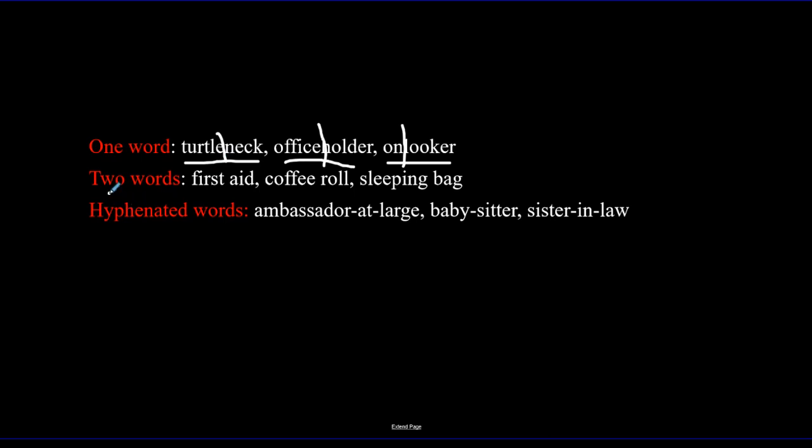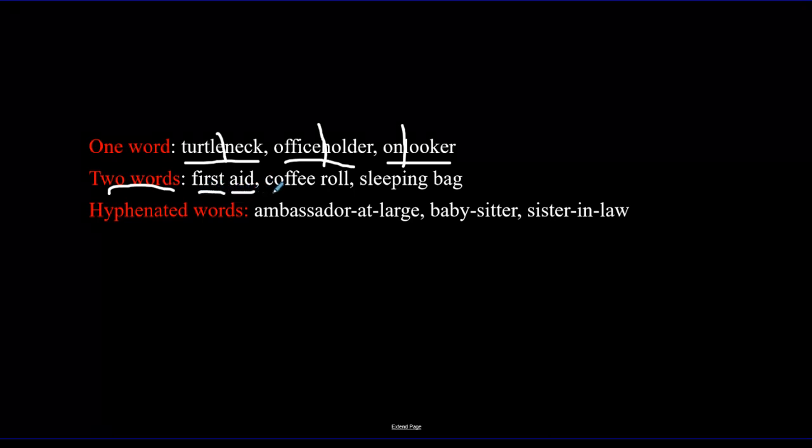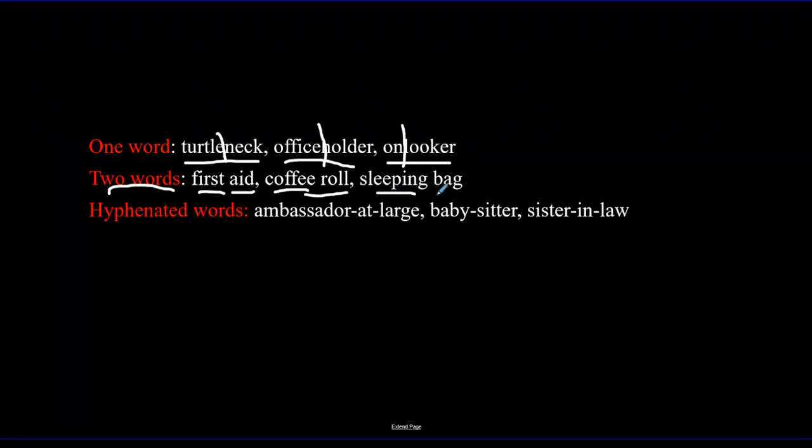In terms of two words, there's a space between them: first aid, coffee roll, sleeping bag. There are also hyphenated words like ambassador-at-large, with the hyphen between them, because you have here a preposition between ambassador and large, babysitter, and sister-in-law.